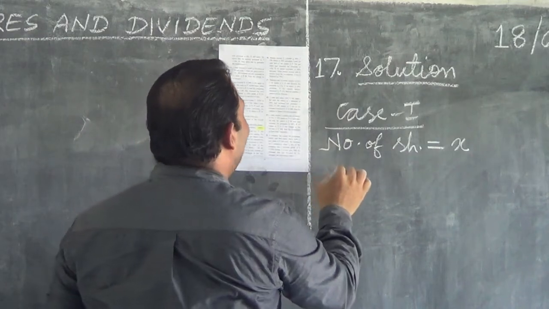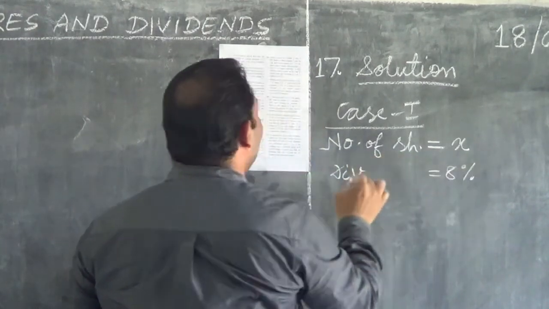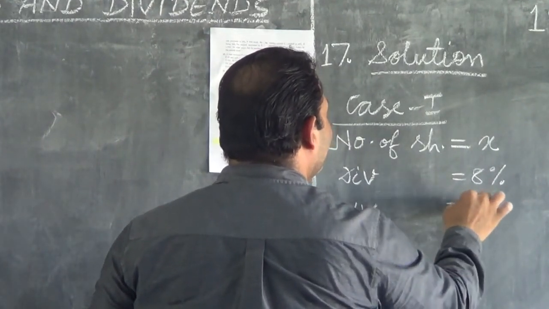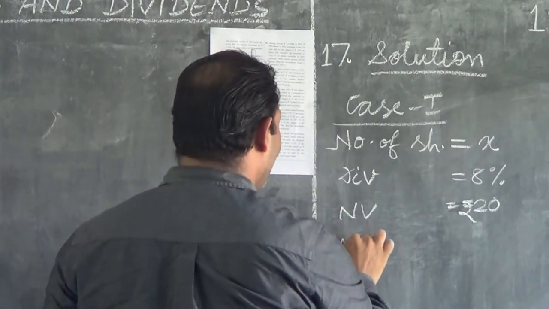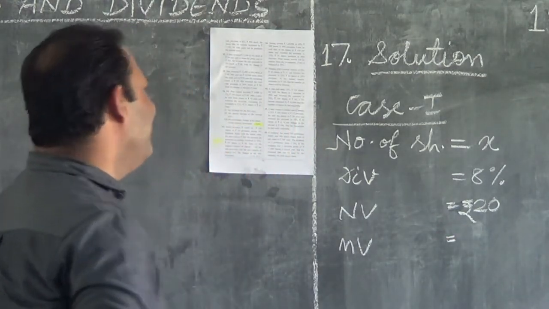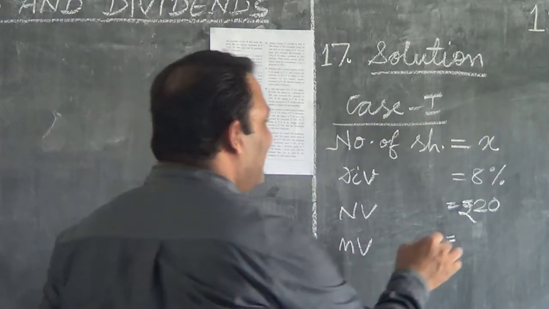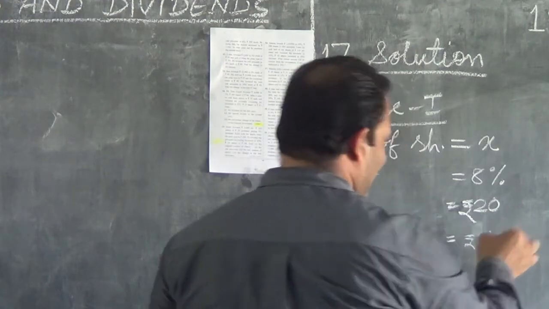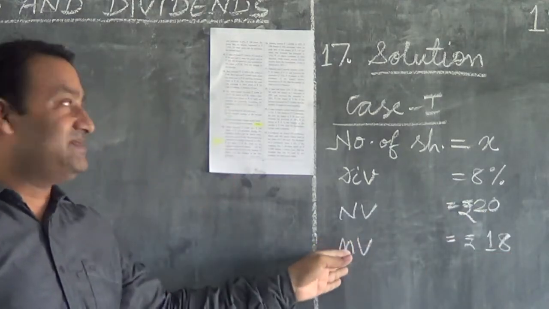So here dividend is 8%. Nominal value is rupees 20, children. And market value is rupees 18. But remember, this market value is not used to buy the shares.